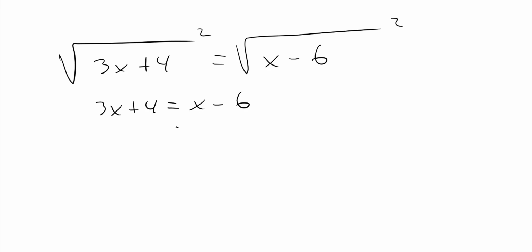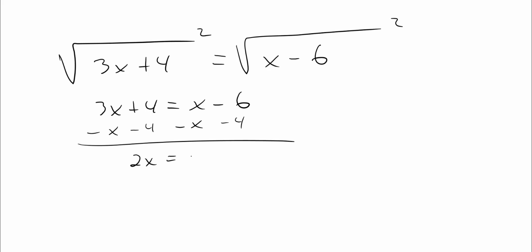Okay, so I subtract x from both sides, and then I subtract 4 from both sides. So I get 2x here, and I get negative 10. I'm going to divide both sides by 2, so x equals negative 5.